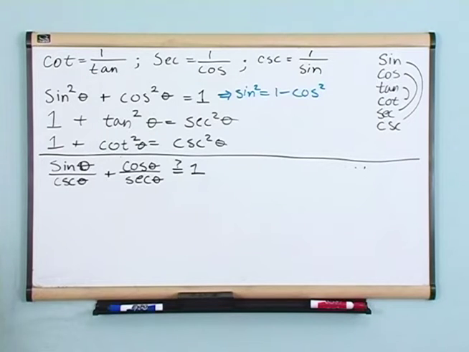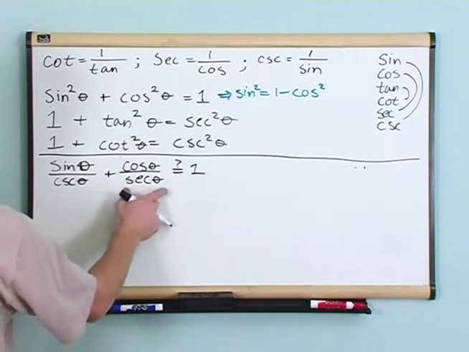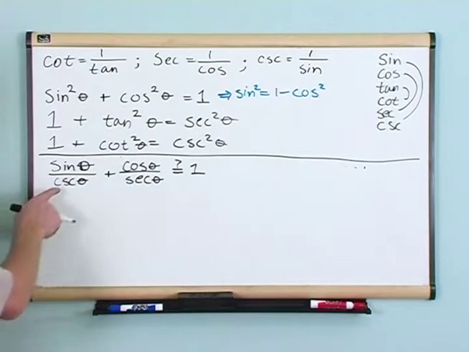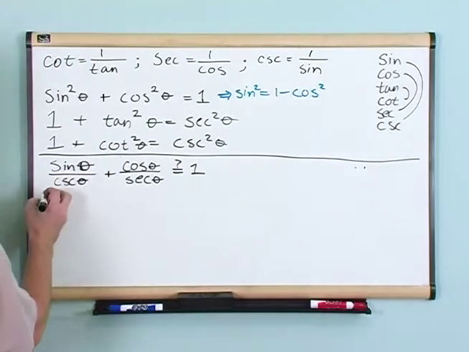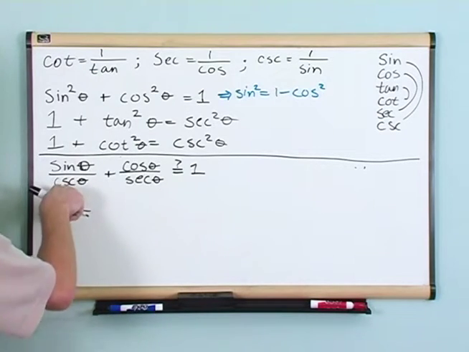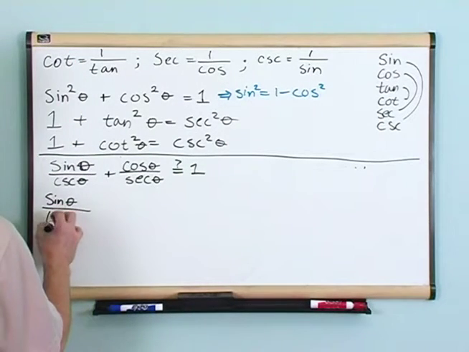Well, the first thing I need to really do is look at what I have here. I've got a sine, a cosine. I can't really do much to simplify that. But I do have a secant and a cosecant, and I can do my best to try to simplify that. So let's use our identities from up here. We'll keep the sine on the top. Cosecant is given by 1 over sine, so that's 1 over sine of theta.